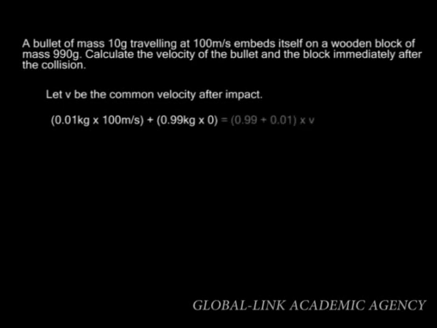That is 0.99 plus 0.01 times v. So we shall have 1 plus 0 is equal to 1v, and v is 1 meter per second. So the common velocity is 1 meter per second.